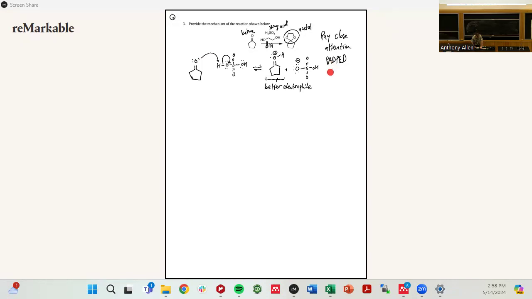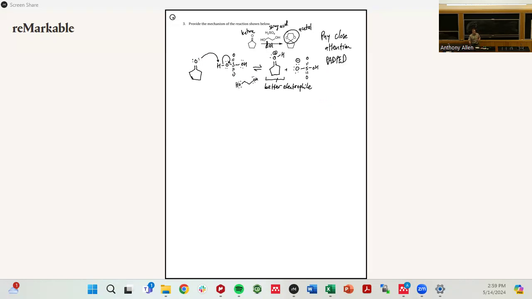A for addition. Once that carbonyl has been protonated to become a better electrophile, this OH, which is a weak nucleophile, remember, if it was O minus, that'd be a very strong nucleophile.